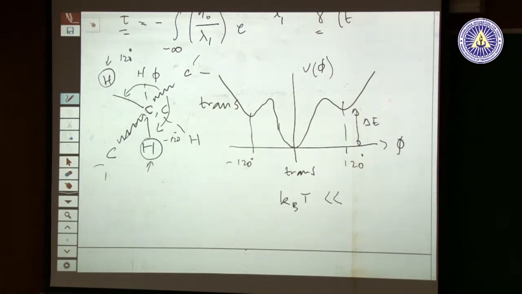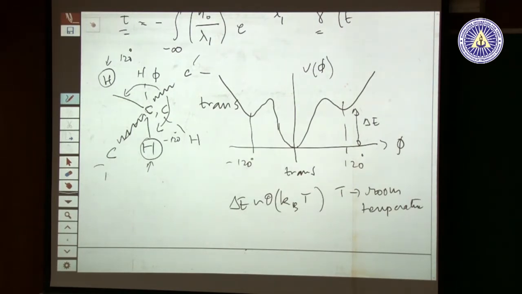But it turns out this delta E, the energy barrier, is roughly of order kBT when T is room temperature. Okay, that means if you are traveling along your carbon-carbon bonds, you can easily jump to a gauche configuration, and so you will very often see a gauche configuration.